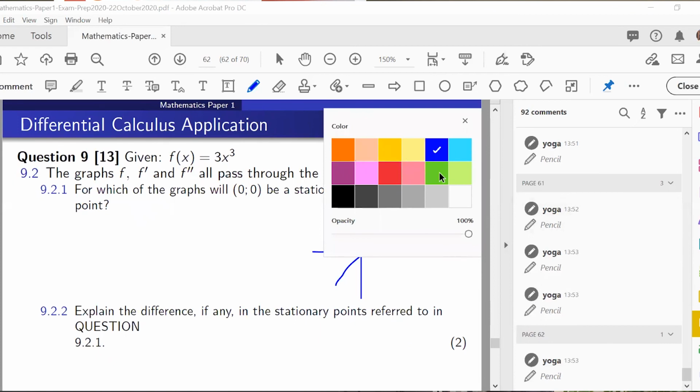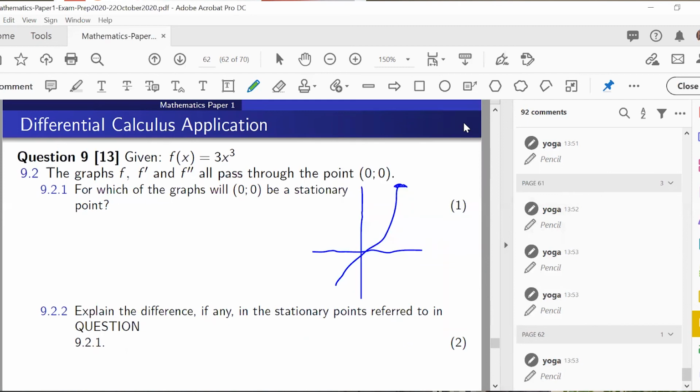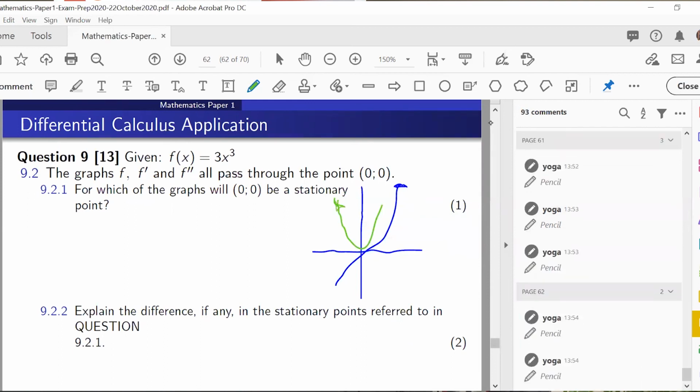We can use green for the derivative, because it is a parabola. So that is f, and that is the derivative.